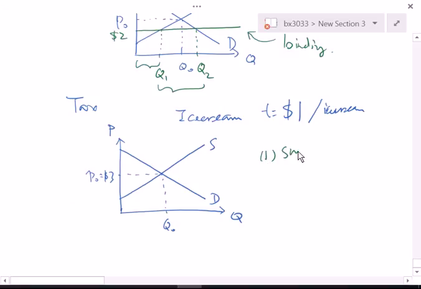Suppose the tax is imposed on the producer, and you can think that this hypothetically shifts the supply curve upward, or to the left.